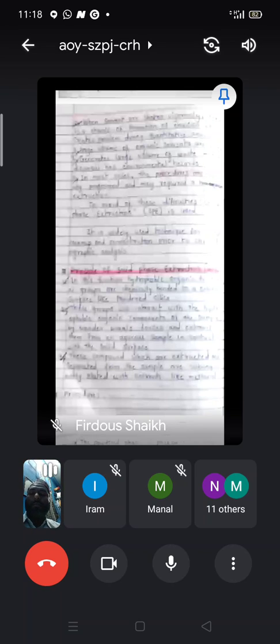Okay, this much is for solid phase extraction. You can see the difference between these, and you can prepare for the MCQs.